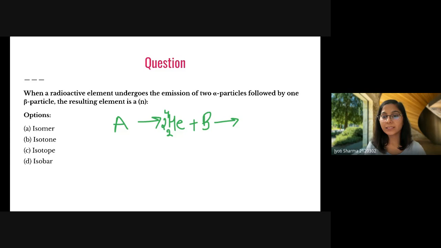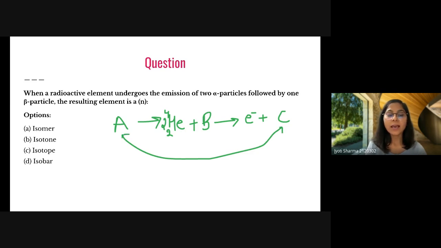So beta is nothing but electron, right? So this is giving you one electron, and this is giving you C element. So we have A and we have C. What is the relation between this A and C? Either they are isomer or isotone or isotope or isobar. So this is how you have to tell me, right?